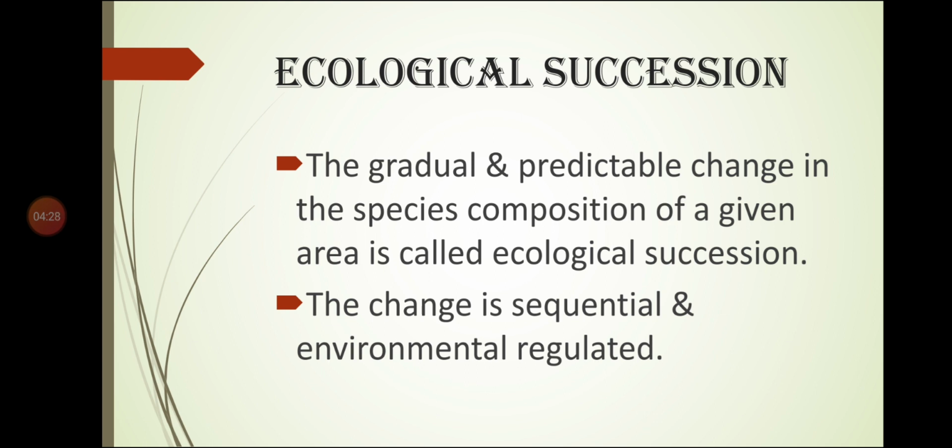I will give you one example for this. Initially when we went on the highway road, we used to see all the trees. Forest was found on the highway side.